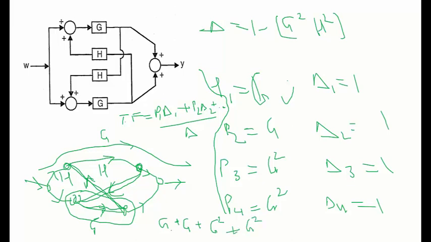I guess I missed something. All right, let's move further. So this is divided by delta, which is 1 minus G square H square.